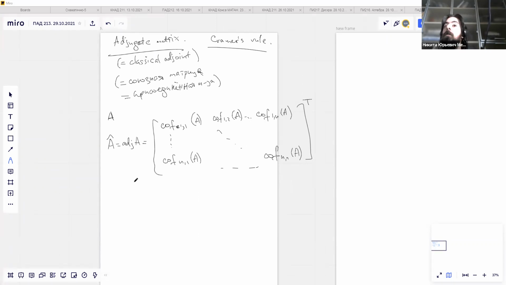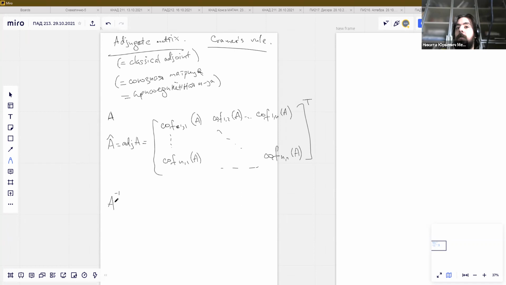So what is the use of this wonderful matrix? It can be used to find the inverse matrix of A. A inverse is equal to 1 over the determinant times the adjugate matrix. It is in some sense a half-baked ingredient: this tells us the recipe for getting the inverse matrix from the original one.